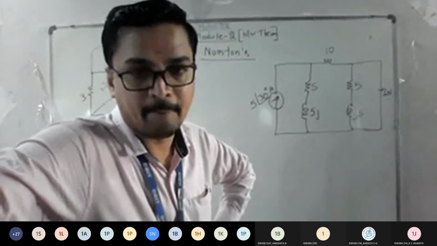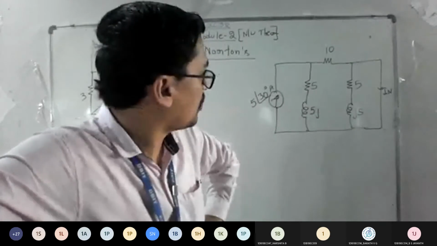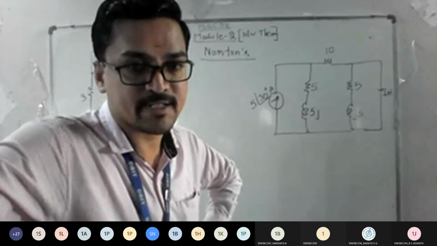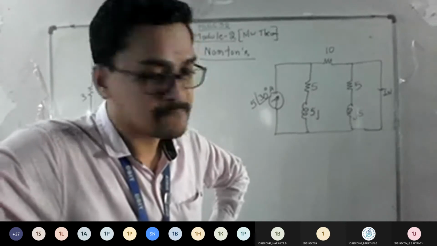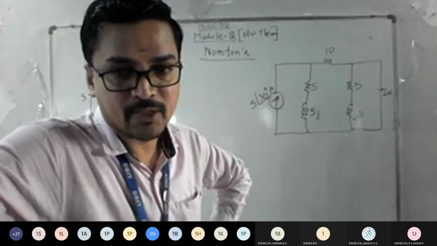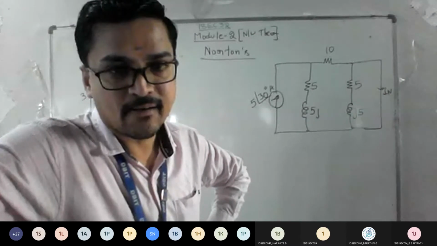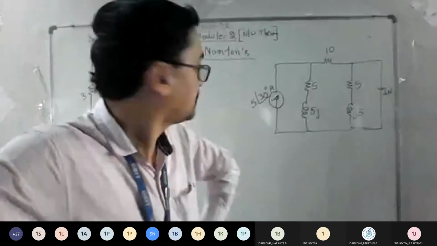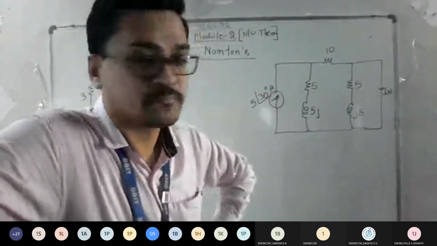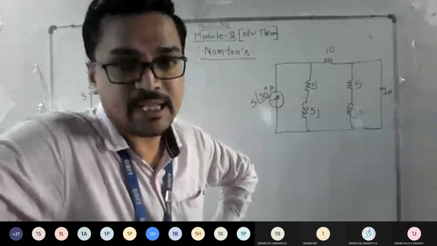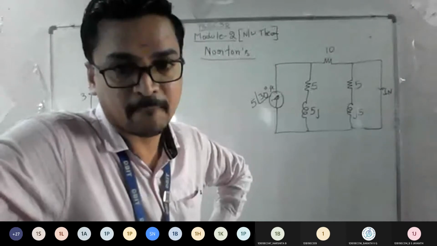How to solve? According to this, how many meshes do you have? Mesh analysis, sir. You will tell 3 meshes are there. Everyone? Yes, sir. So look at the things carefully. Will any elements go off from this network?